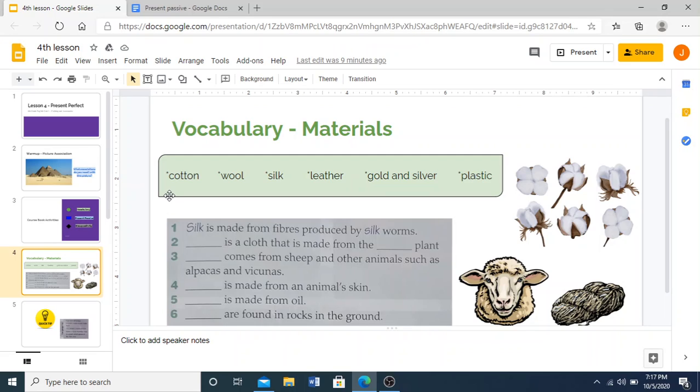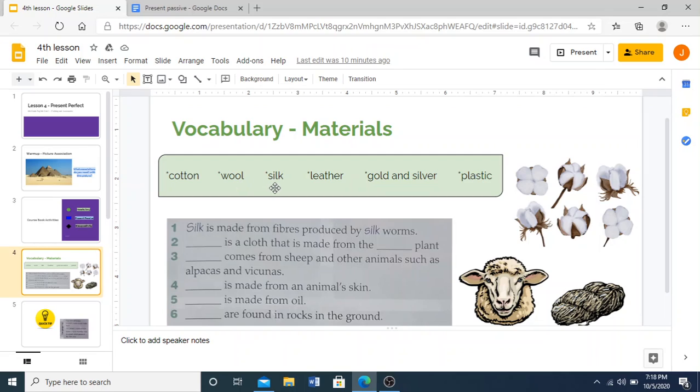You know what cotton is, don't you? Cotton, I think, is the most durable material that most of our clothes are made from. Remember, it's made from a cotton plant. Wool, of course, comes from a natural source. It comes from animals, usually sheep. When the sheep's hair is removed, you can make wool from there.